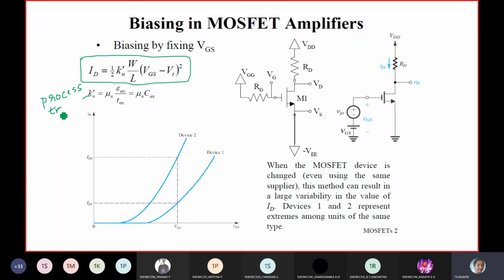Any idea about mu n? What is mu? You studied in ED, I guess. What are mu n and mu p? Mobility. Yes, mobility, correct. So this process transconductance parameter is given as mu n into COX.